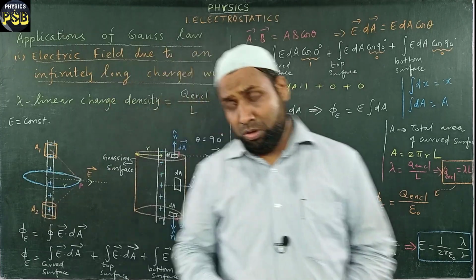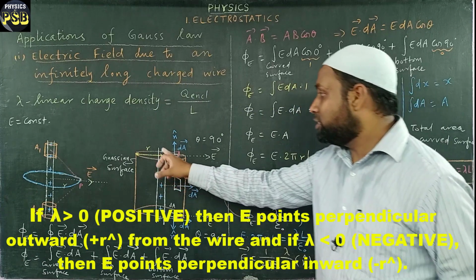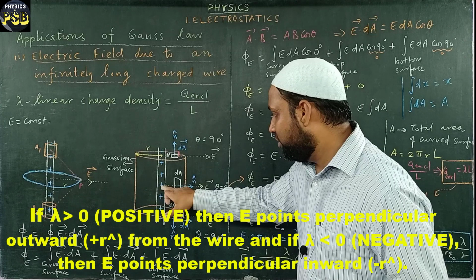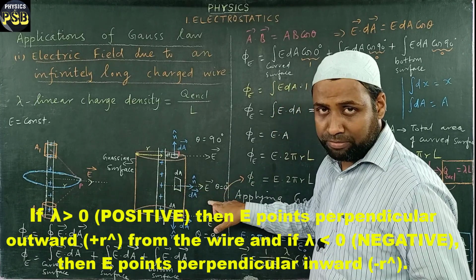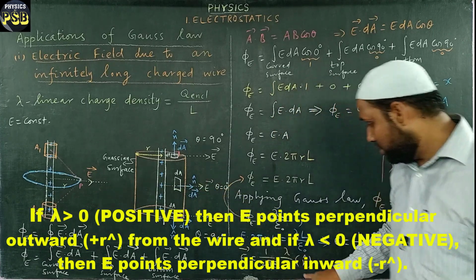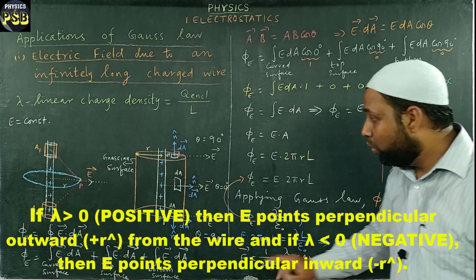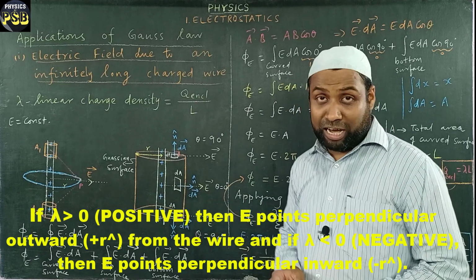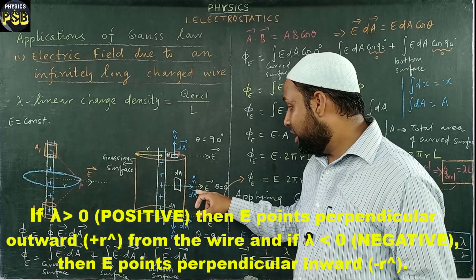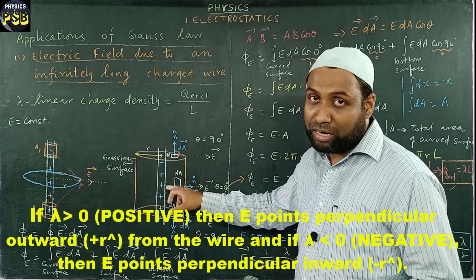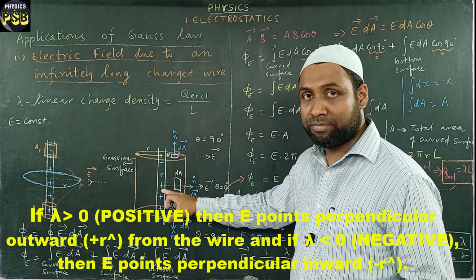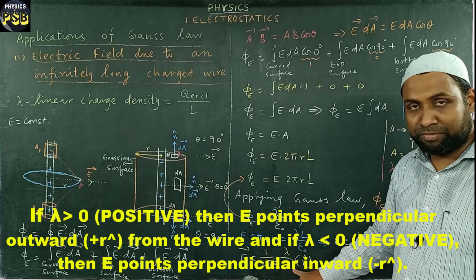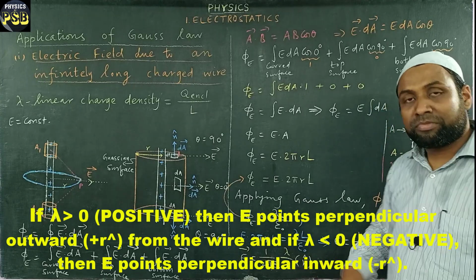Now one thing you need to know about this: when the charges are positive in the wire, the electric field acts outwards. So r is positive. When the wire is provided with a negative charge, then the electric field will act towards the wire, and here we will use a minus sign along with r.